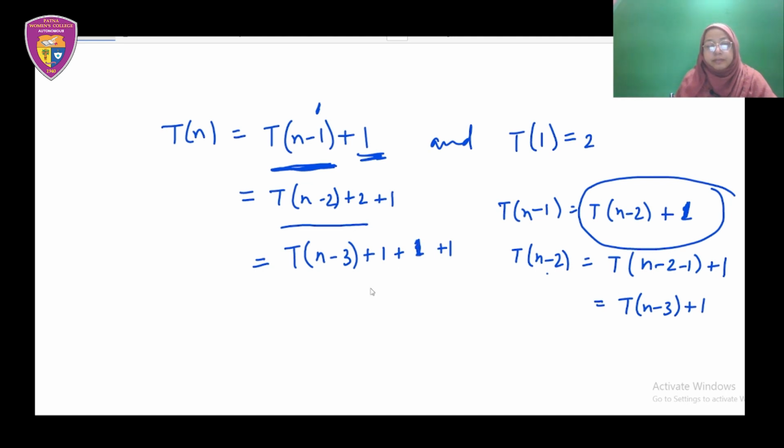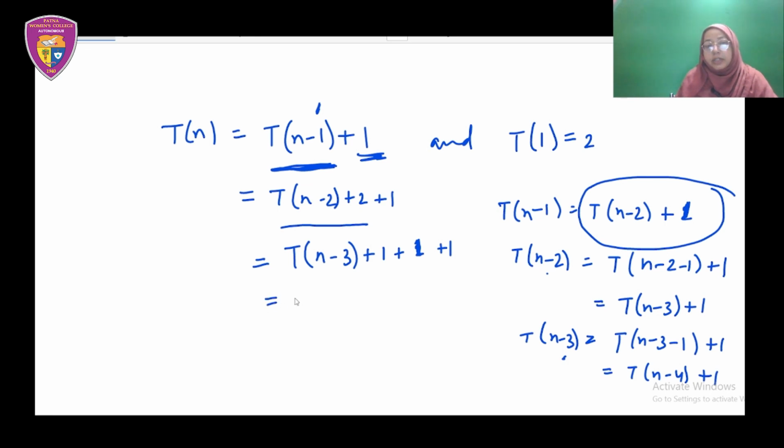Okay. Now T of n minus 3, what will it be? Just put n minus 3 in place of n. So we'll get T of n minus 3 minus 1 plus 1, so this will be T of n minus 4 plus 1.